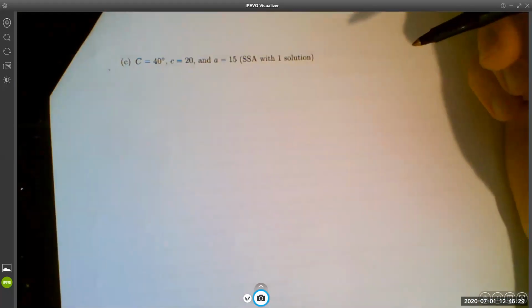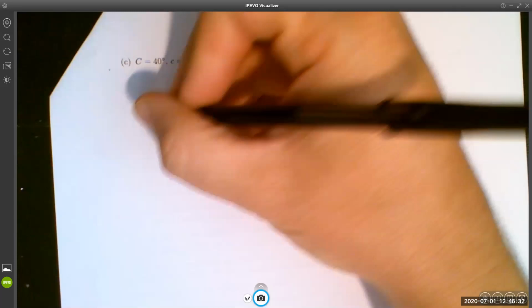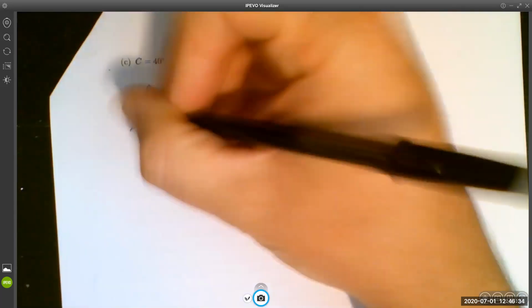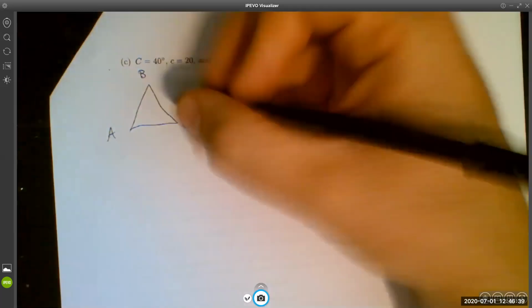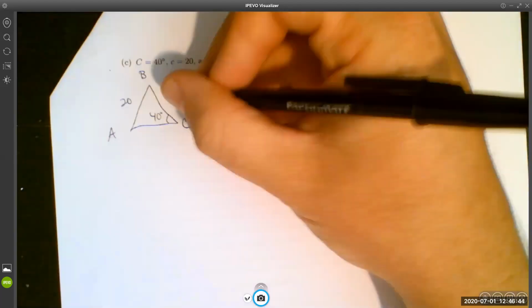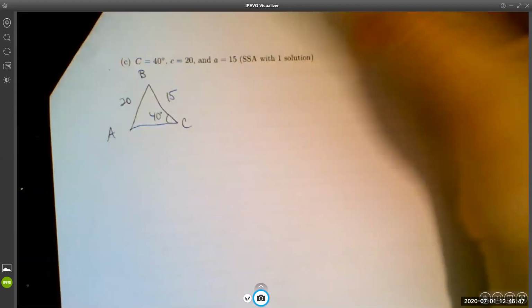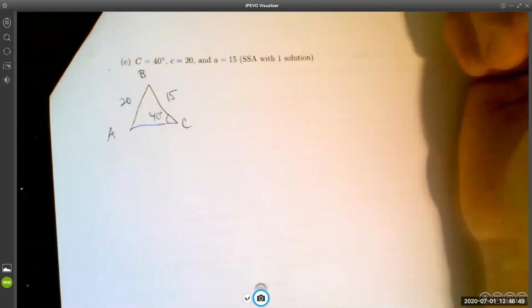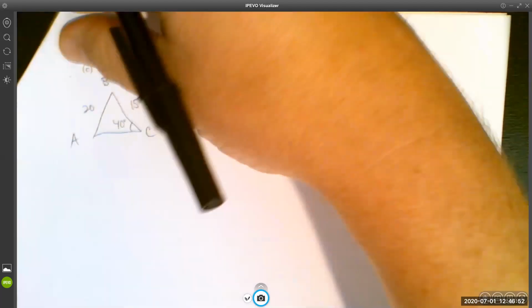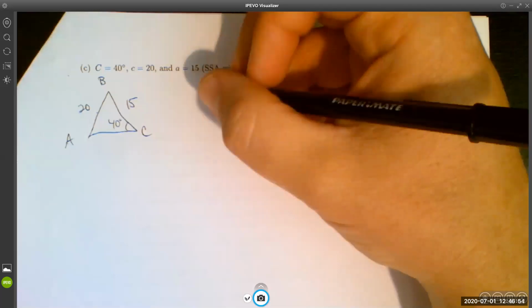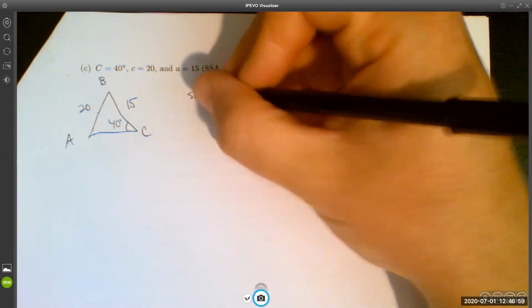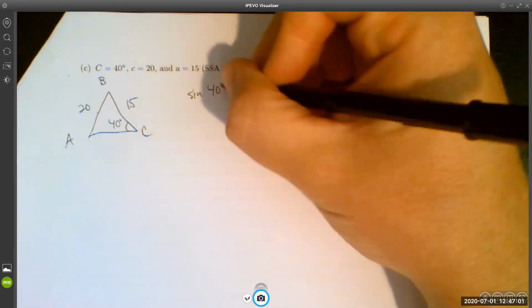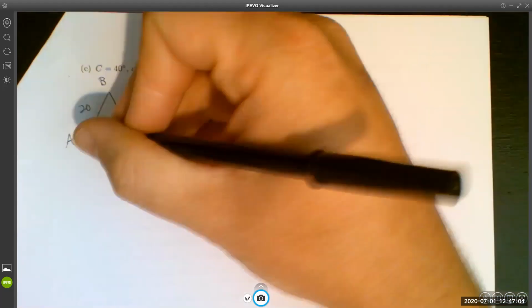Okay. So again, I'm going to start off drawing a picture. I'm told C is 40 degrees. I'm told little c is 20. I'm told little a is 15. So definitely a side-side-angle. And we start off the same way, right? We're going to say sine 40 degrees over 20 equals sine of A over 15.